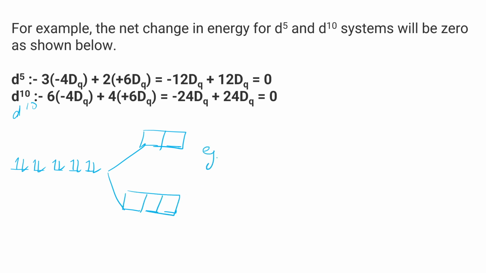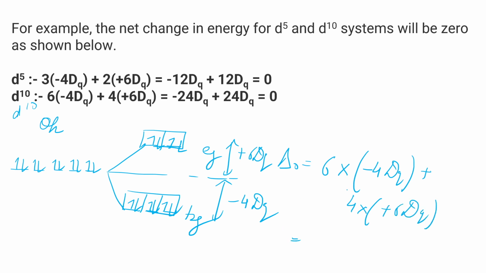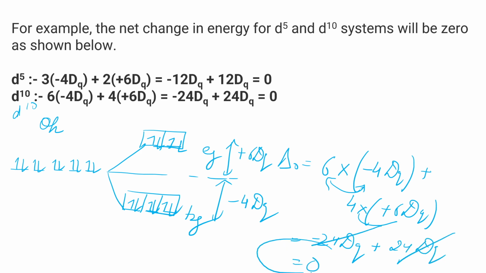Considering an octahedral complex, fill the T2g and Eg levels with the 10 electrons and calculate. 6 electrons in the T2g orbitals at minus 4 Dq, plus 4 electrons in the upper level at plus 6 Dq. 6 fours are minus 24 Dq, plus 4 sixes are 24 Dq, so these cancel out. The value is 0.